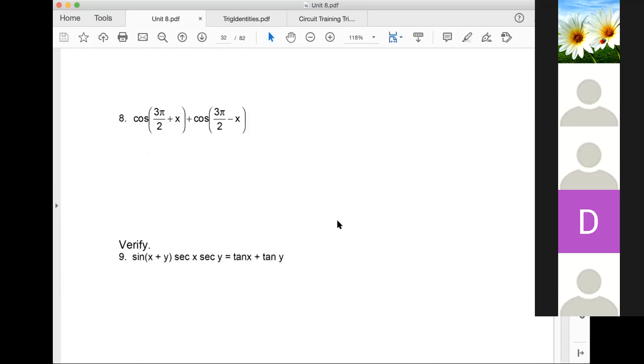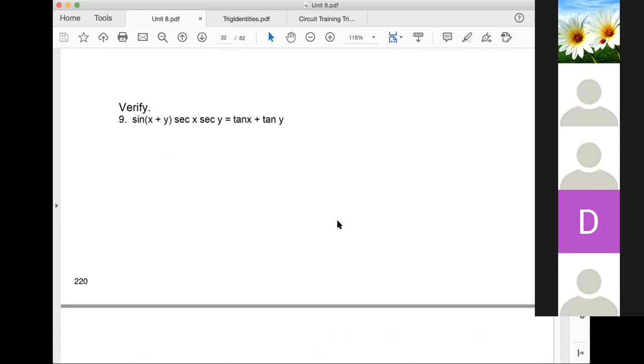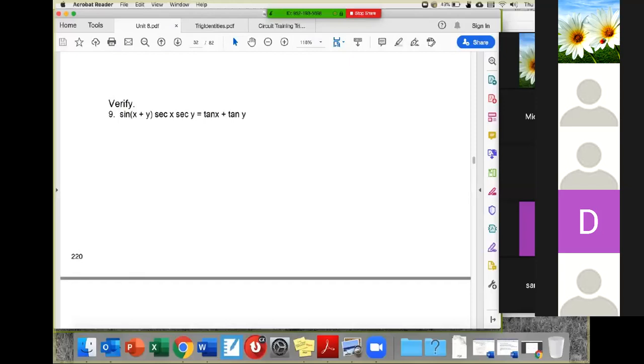When it's like sine of x plus y, do you have to do one of the sum and difference identities? Or could you do like sine x plus sine y? No, the sum and difference identities are for the pure purpose of expanding those. So you have to use those. Okay, then could we do this one? Yep, absolutely.